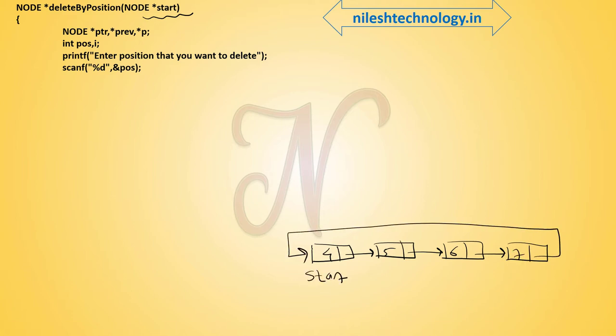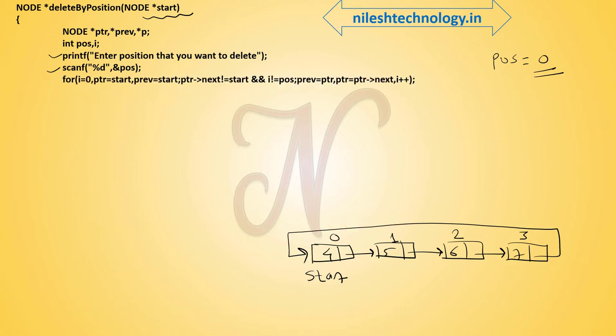Like an array, we assume the position starts from 0. Here we enter one position from the keyboard. First we assume that your position is equal to 0, so we delete the first node in the linked list. By using this for loop we find the position in the given linked list.